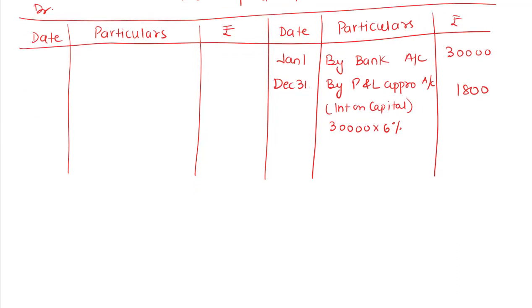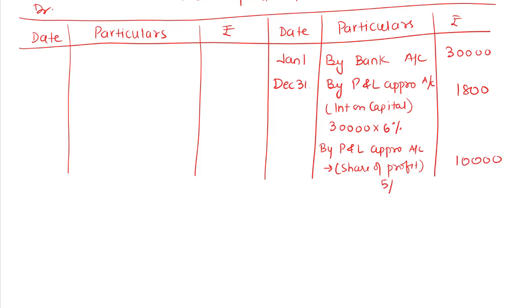Share of profit by profit and loss appropriation account, 10,000.